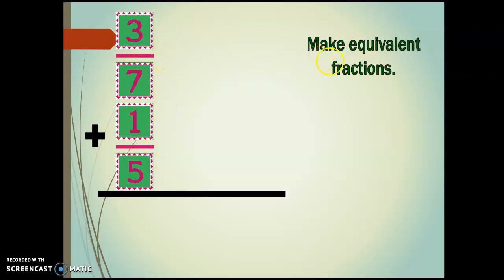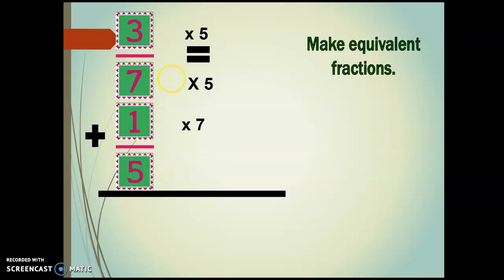So again, we write the fractions in a vertical manner, 3/7 plus 1/5. Then we make them equivalent fractions. So what should we multiply with 7 to make it 35? It's 5. And what should we multiply with 5 to make it 35? It's 7.